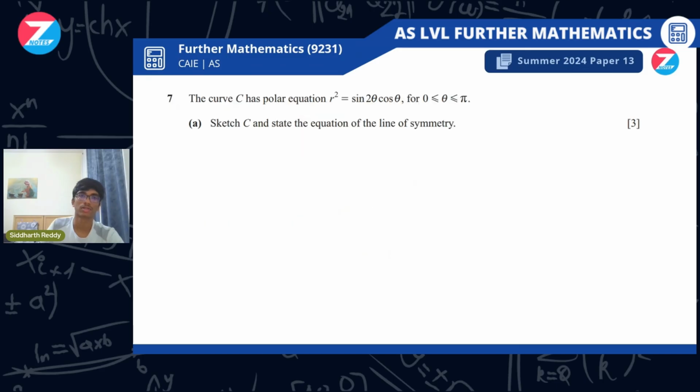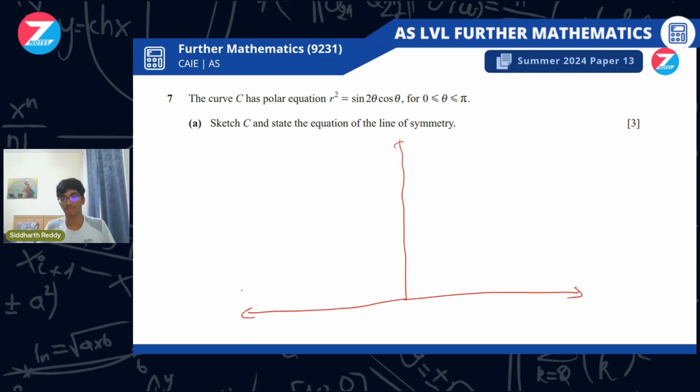So that's that question. The curve C has polar equation r square is equal to sine 2 theta cos theta. Sketch C and state the equation of the line of symmetry. So it's a polar graph. For this one, you're definitely going to need to use the table function on your calculator.